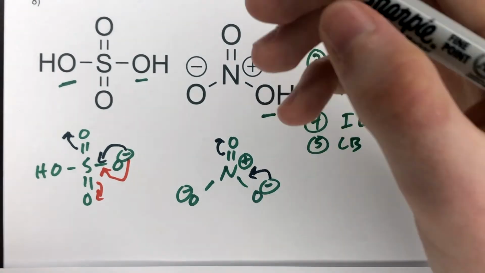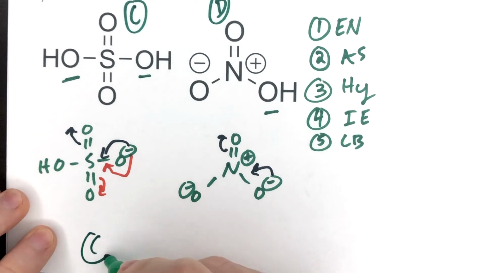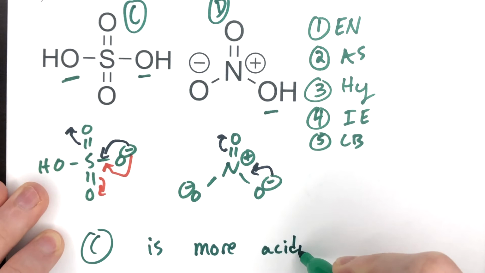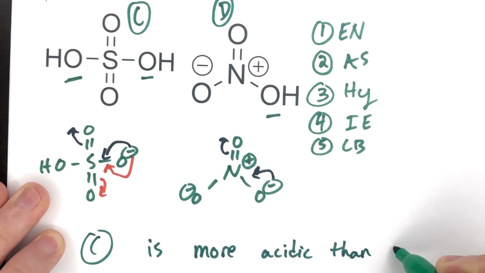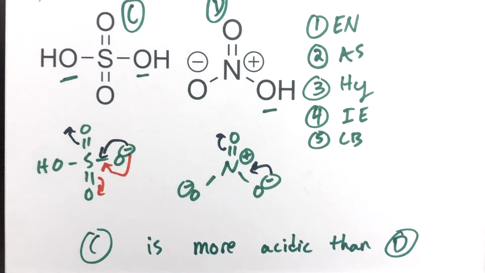So now to summarize then, C is the sulfuric acid, which is more acidic than D. Or again, C has a lower pKa than D. These are both very strong acids. So don't get me wrong, with the nitric acid, you certainly can remove that proton, and it's extremely easy to do so. But sulfuric acid is stronger, which may be relevant in, again, certain types of reactions that you need to perform.